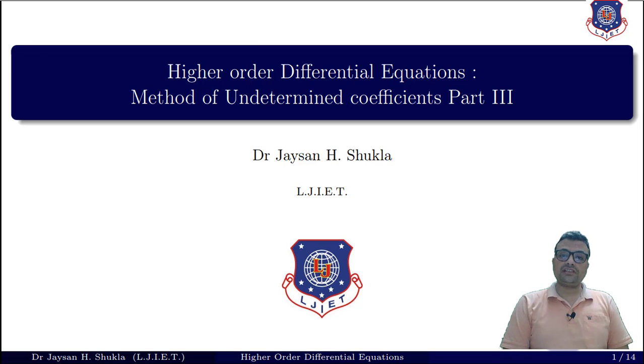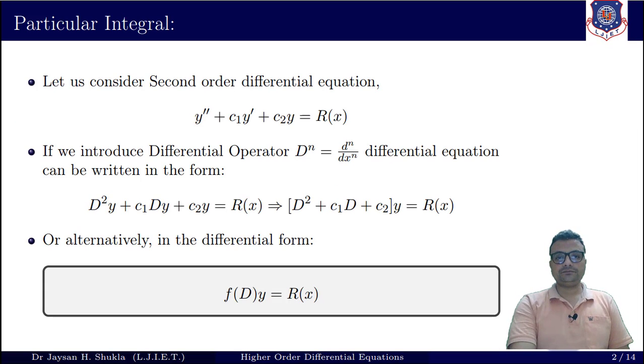And we'll also see what will happen if the right hand side is multiplication of two functions, for example x square into e raised to x, how to find the differential basis. And I will try to cover the complicated cases like combination of functions and repetition of elements also. Let us begin.